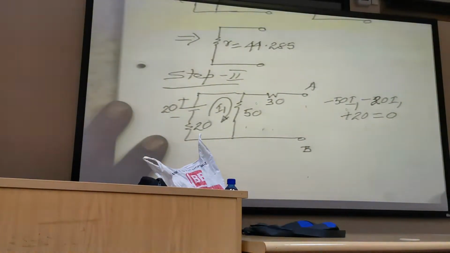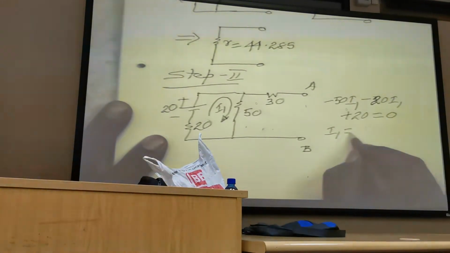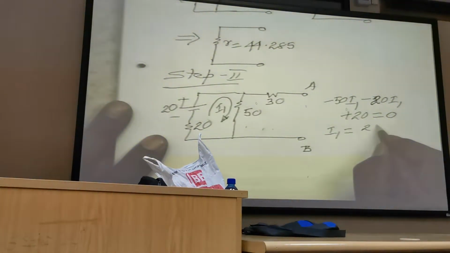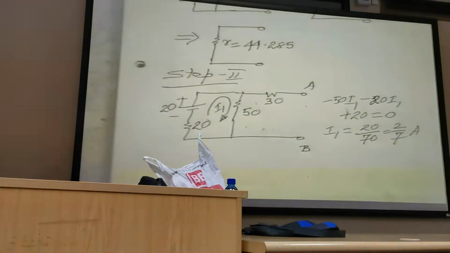Yes. Now you need to find out the value of I1. So I1 equals how much? 20 divided by 70, 2 by 7, is it that? Any question here? I knew you were going to ask something.